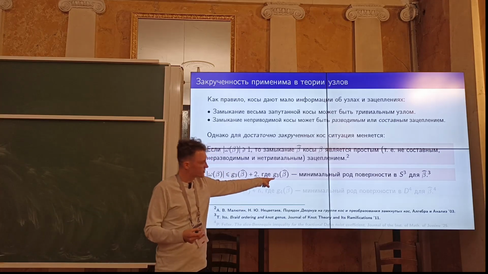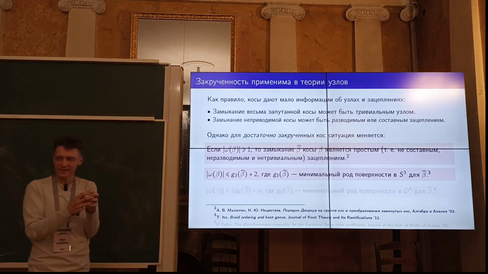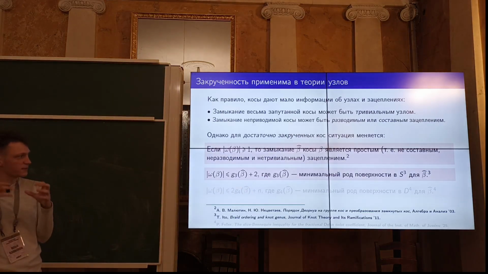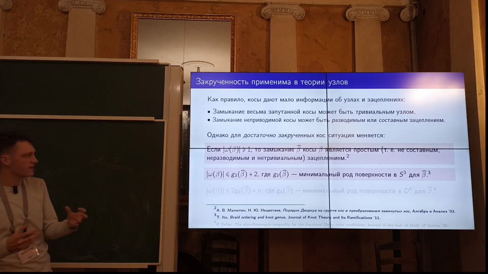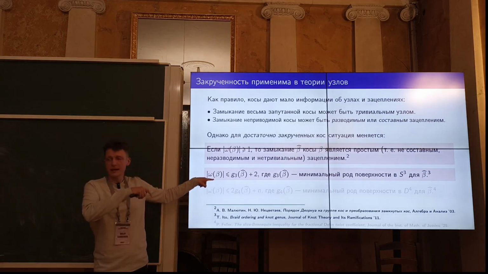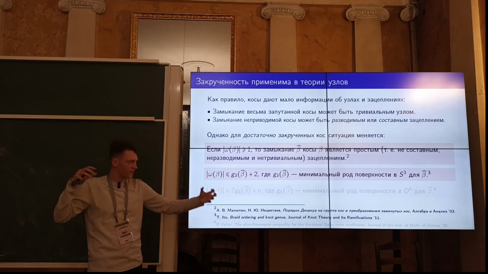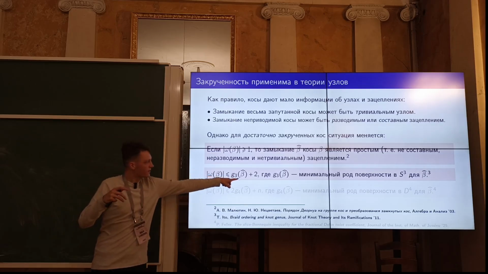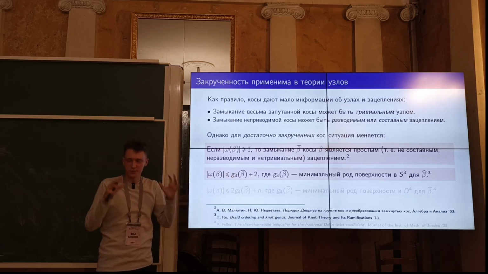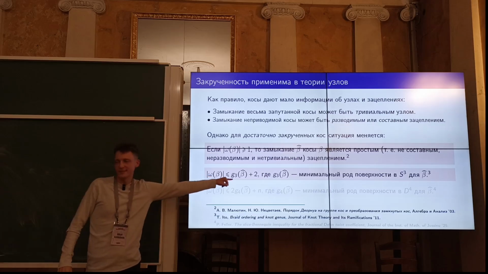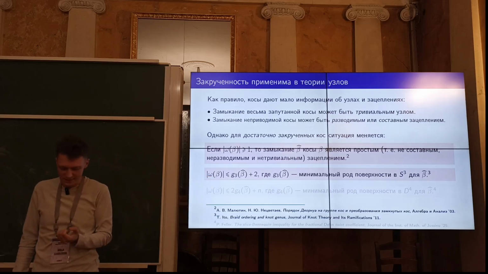If g-free of the link is the minimal genus of a Seifert surface, then as soon as the braid is twisted enough, the genus is huge. This linear bound gives the precise answer to this idea.